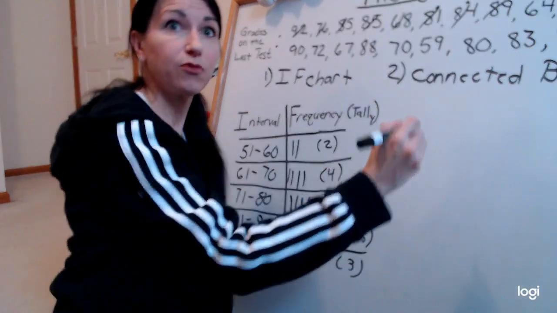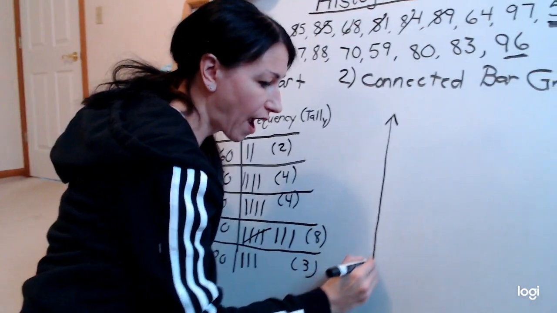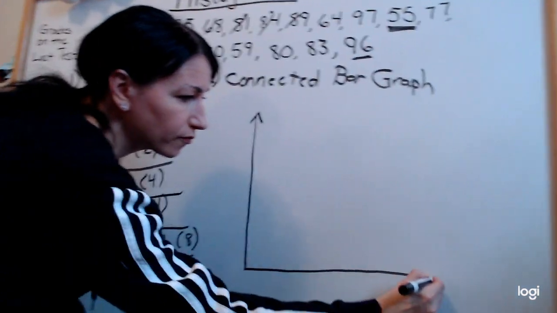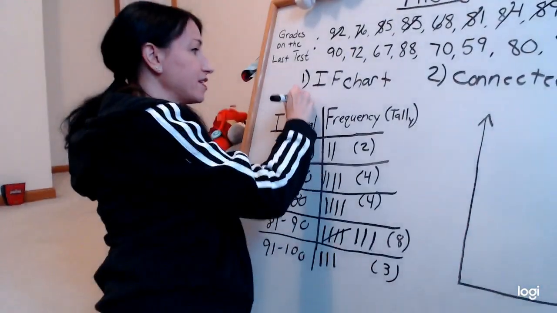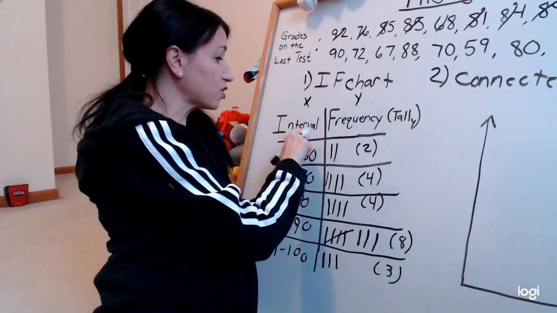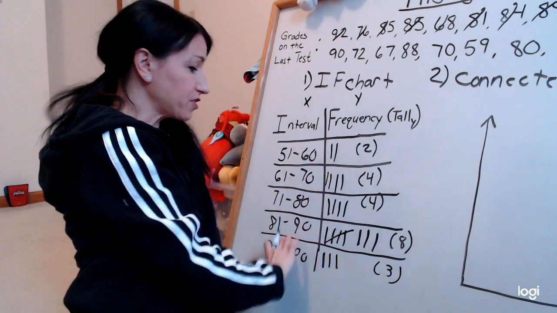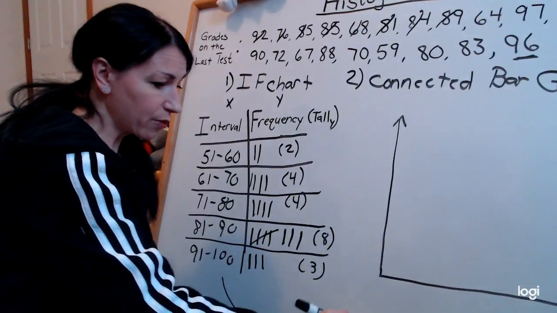Andrew, I think you're going to need to move your camera here. We're just going to make our graph. And just like what we did before, the left is our x-axis, the right is our y-axis. So I literally take what's on the left side, my x, and I rewrite it on the bottom.